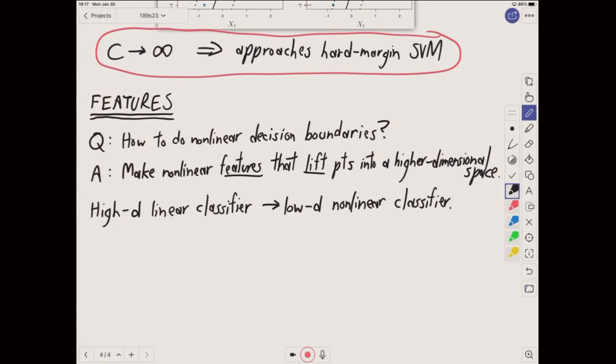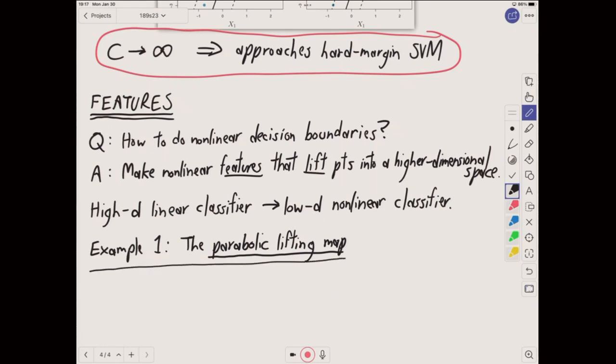I want to build up a little geometric intuition for how this works. So let me start with what I think is pretty much the simplest, really interesting example. It's simple because we're only going to add one new feature to each training point, and test point for that matter. And this is something called the parabolic lifting map.